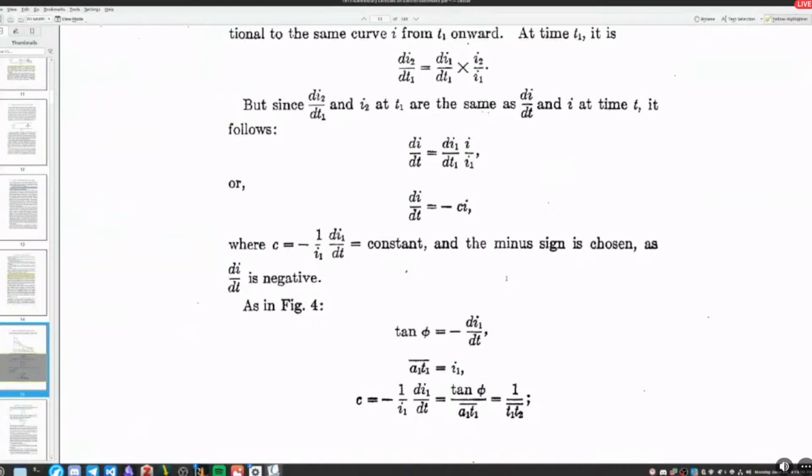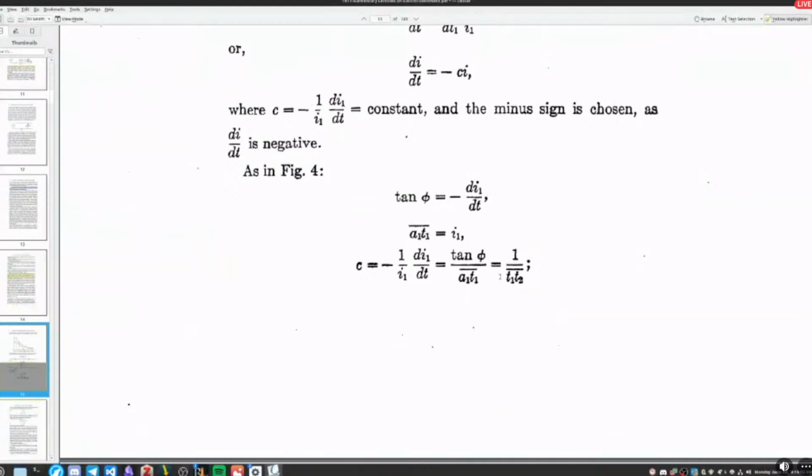As in figure 4, the tangent of phi equals negative di1 over dt, and a1 t1 equals I1.